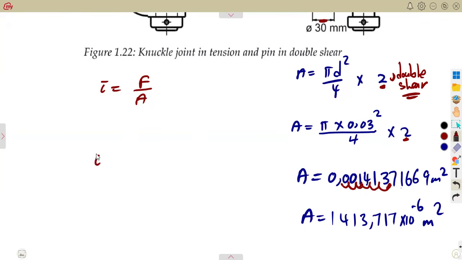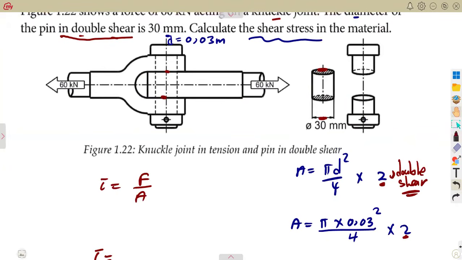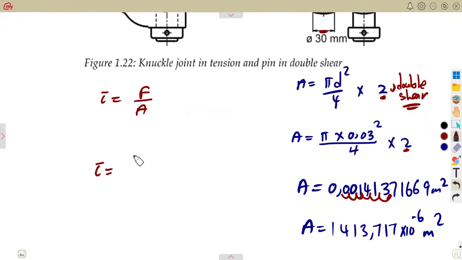affect anything. So the shear stress can be calculated now from what? The force, shear force. Remember, we're given the force applied as our shear, which is 60 kilonewton. So that is 60 times 10 to the exponent of 3 over what? The area that you just calculated. You write the answer that you calculated, guys. If you used times 10 to the exponent of -3, use that as it is.